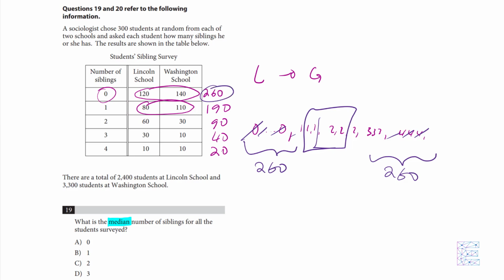So if this is 260, we would need to find 260 on the other, higher side, and we can see that for these 20, 40, and 90, that is going to be a total of 150 numbers. So we know then that the middle is going to be somewhere in here. The middle is going to be in the 1s, so that makes B the answer to this question.